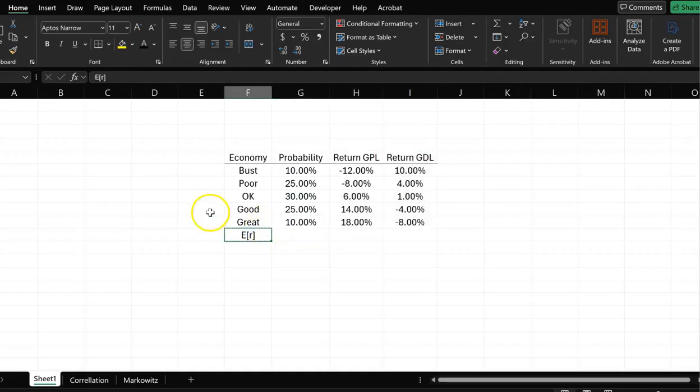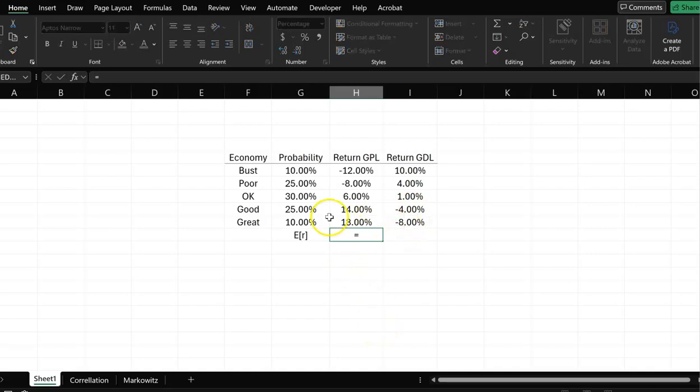Okay, and the first thing I'm going to do is calculate the expected return for each stock. And the way I'm going to do that is I just take each possible return times the probability that I could get there, and I just add all of those up.